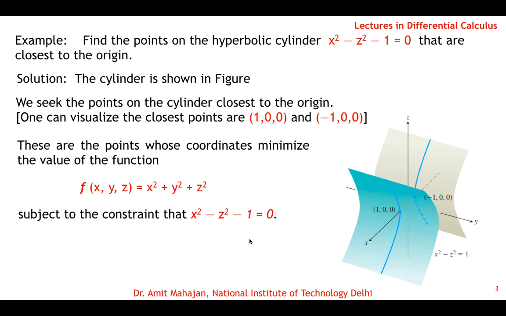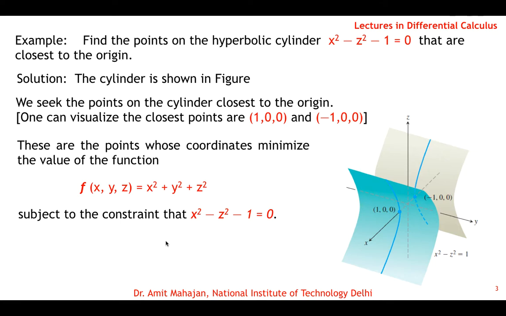The method, if you remember, says that if we substitute one of the variables from this condition, then it will be a function of two variables, and we can find the critical values and see whether it is maximizing or minimizing by the derivative test.